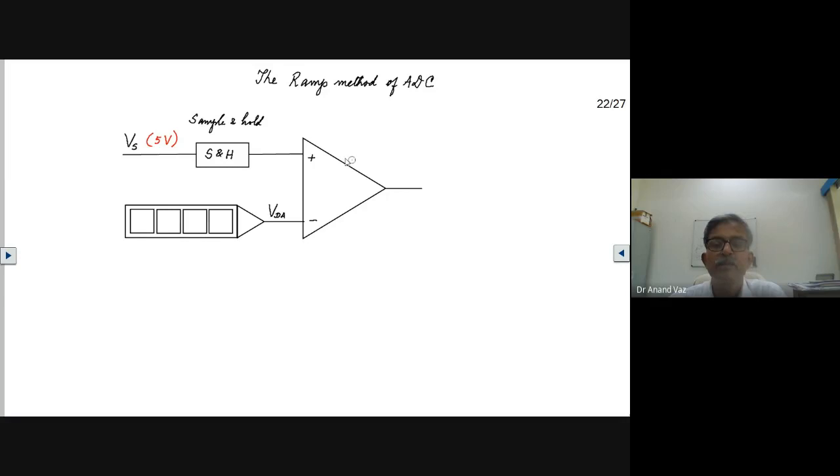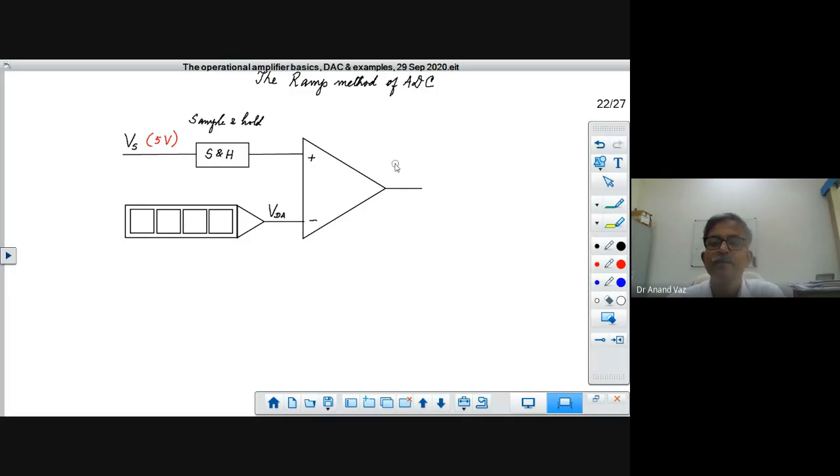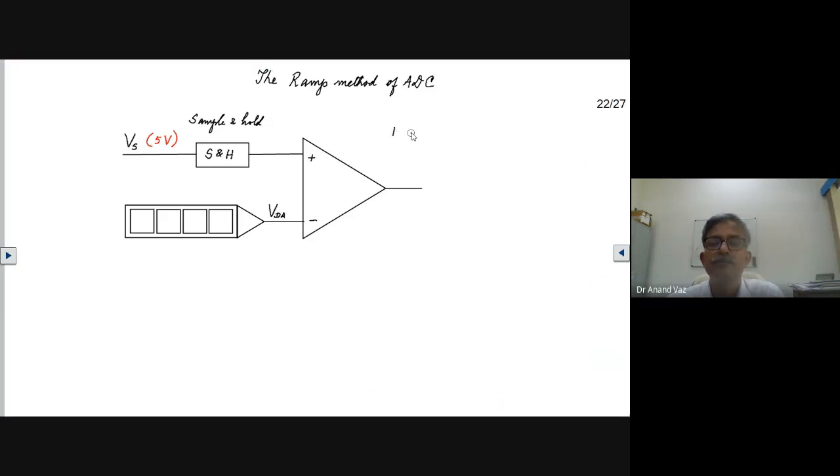If the positive end is higher than the negative, then we get a 1, which means high, saturating towards the positive side.